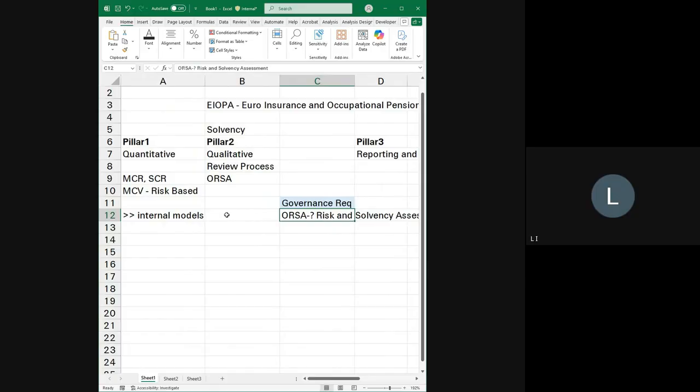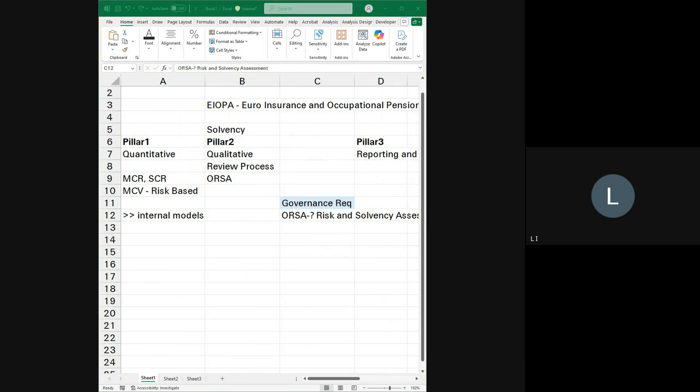One more thing that ORSA is also about is that at times, when they are doing this qualitative assessment review process, they may feel that the SCR is not enough for the level of risk that they're holding. They can add an extra layer of capital, which is called an add-on capital.